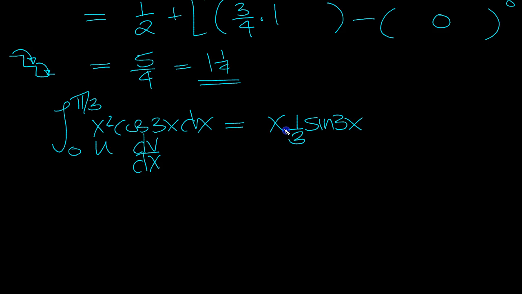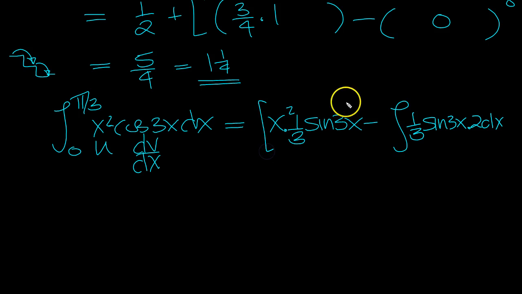So there's uv minus the integral of, sorry, I'll get it right in a minute. u is x squared, v minus the integral of v du, wasn't it? So v is 1/3 sine 3x times du, which is 2x. And this was between 0 and pi over 3.